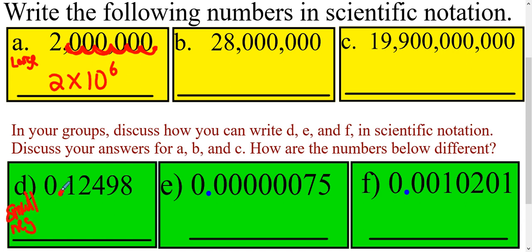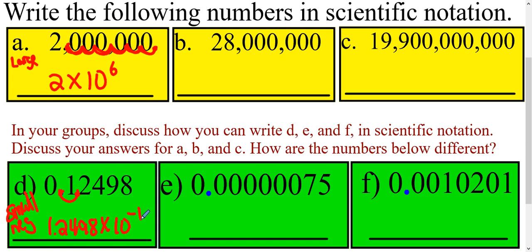I'm going to move that number to the right. And as soon as I move it to the right, just once, it becomes 1.2498. And yes, that's a number between 1 and 10, and you do have to include all of the digits. And since I moved it 1 to the right, it's going to be -1.